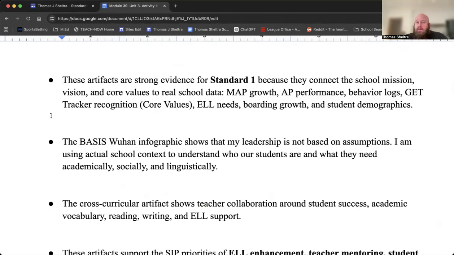We have a data set for our student body. We use MAP Growth. We have our core values. So even though we can't change year to year our mission and vision statement, we do have core values as a school that we expect students to embody. And therefore we can emphasize that.